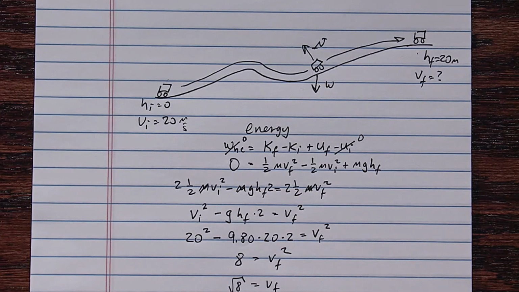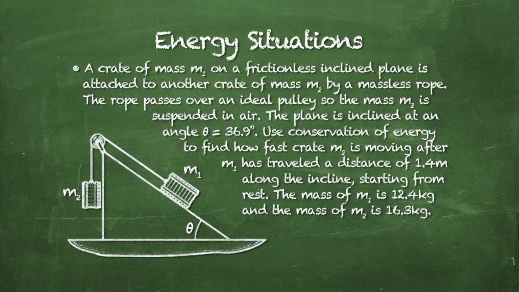Okay, let's do another exercise. Here we have two crates, one of which is on a ramp and one of which is hanging. And the question is, a crate of mass M1 on a frictionless inclined plane is attached to another crate of mass M2 by a massless rope. The rope passes over an ideal pulley so that the mass M2 is suspended in the air.